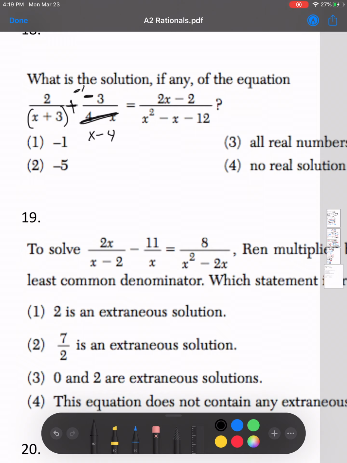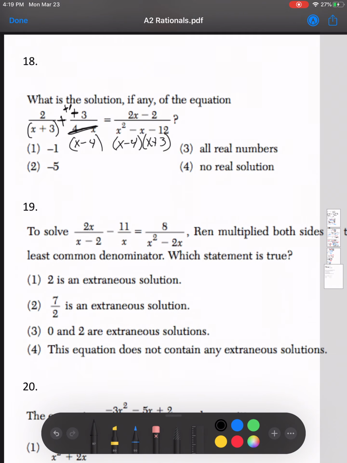So if I put a negative 1 up in this numerator, but there's already a negative 3 there, if I multiply them together, that's going to change it to a positive 3, and then I can call this an x minus 4, which I want to do because when I factor the next one, I get x minus 4, x plus 3. My common denominator will be much smaller if I use an x minus 4 instead of the 4 minus x. So that's a trick you're going to want to be able to do.